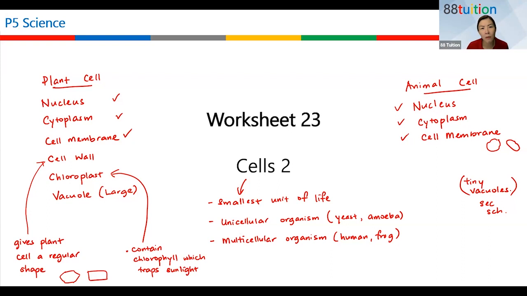Is it that the chlorophyll can only trap sunlight? This is something that you also need to be clear of. Can it be the normal light at home? Can it be the kind of light that they use in the greenhouse at home? Possible? Yes, very good. Somebody said just light energy will do. Yes, light energy. So you can say sunlight or light.